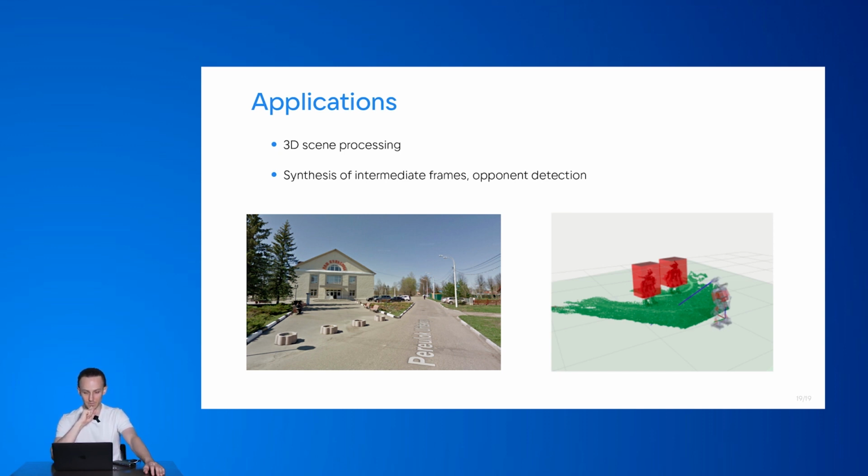And if we're talking about robotic football, here on the right, you can see an example of our robot seeing two opponent robots. They are marked in red over here, and they are visible because they are high enough objects that are on top of the field. They are higher than a certain threshold.